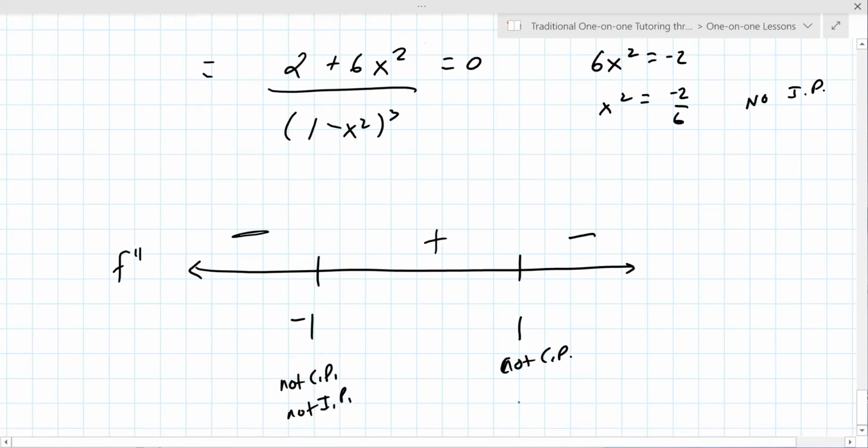They're just places where the domain is undefined. All right. So up and down, we got those regions as well.